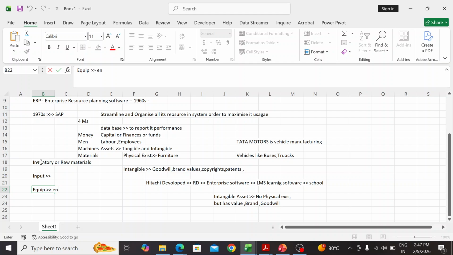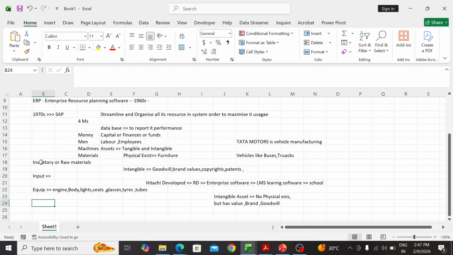Like engine, majorly engine, body, lights, and seats, correct? Glasses, we need tires, tubes, like that. We have so many thousands of equipment.